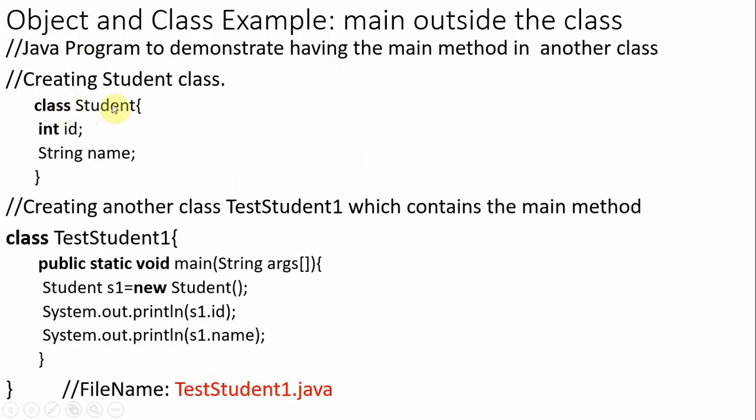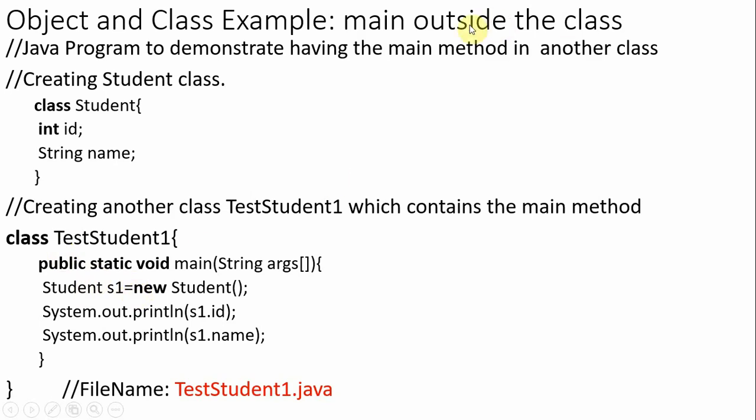So class Student, int id, String name, flower brackets close, that is one class. In the same way, class TestStudent1, public static void main String arguments, is the main method in another class.